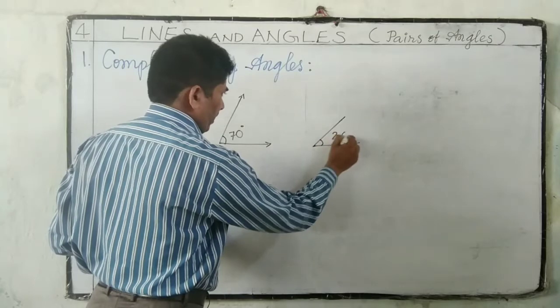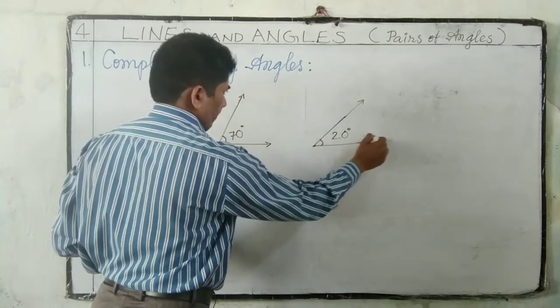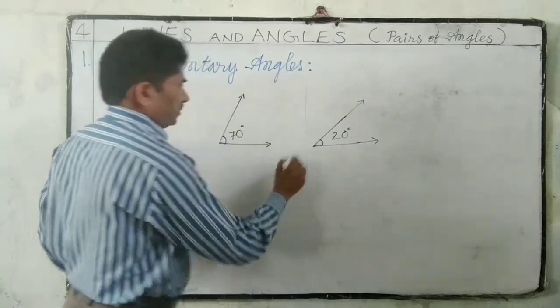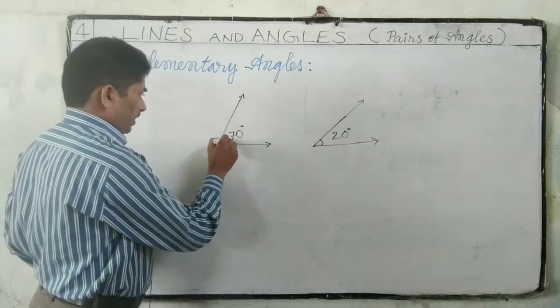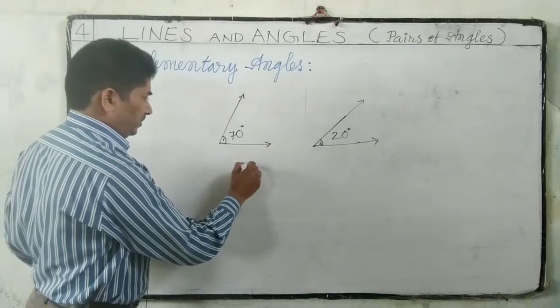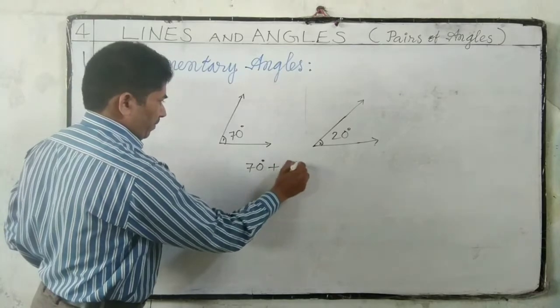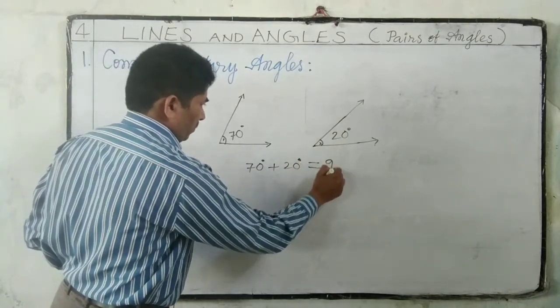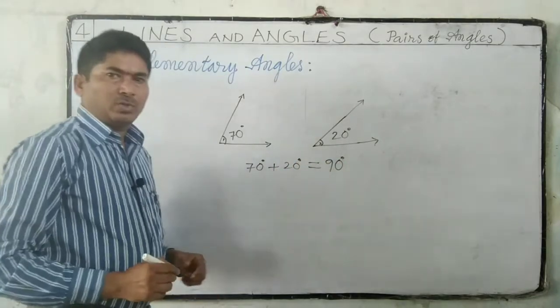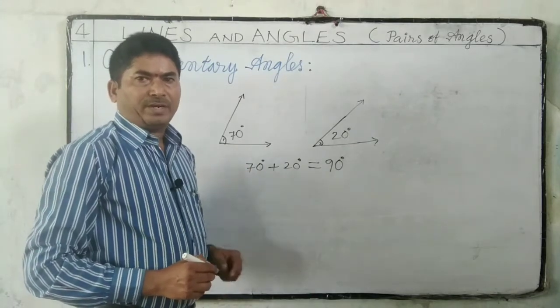This is a 20 degree angle. This is angle 1, this is angle 2. Sum of these two angles, 70 plus 20, is equal to 90 degrees. So these are called complementary angles.